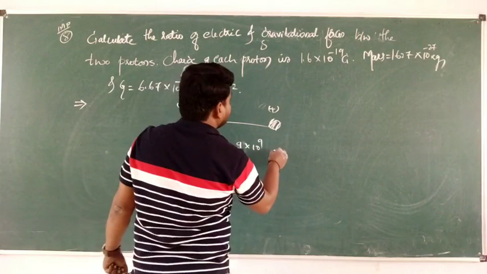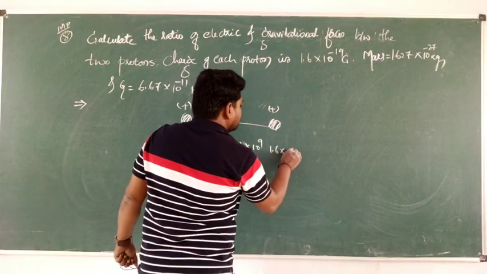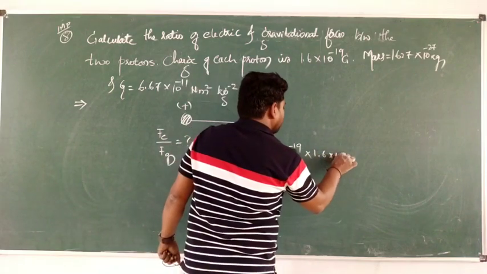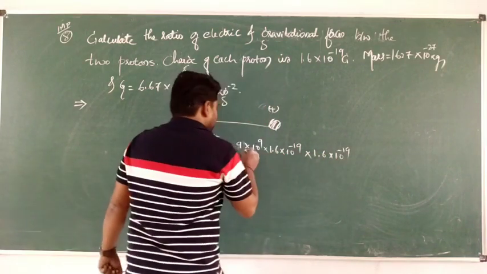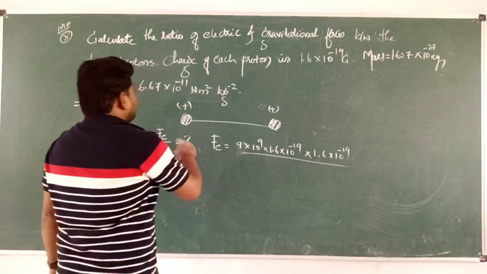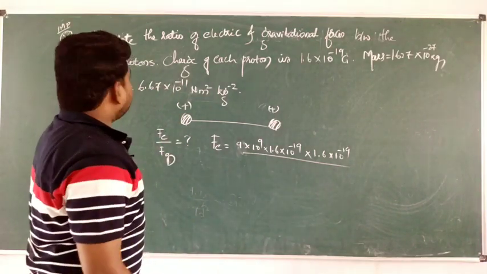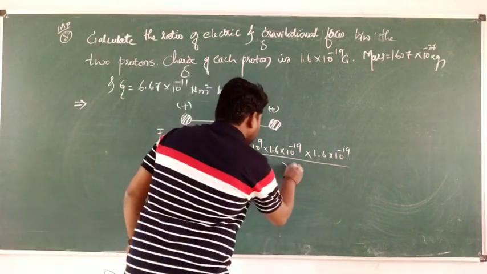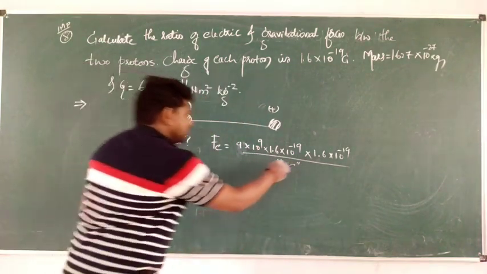Q1 is 1.6 into 10 to the power of minus 19. Q2 is also 1.6 into 10 to the power of minus 19, divided by the distance. I will call the distance R, so that is nothing but R square.